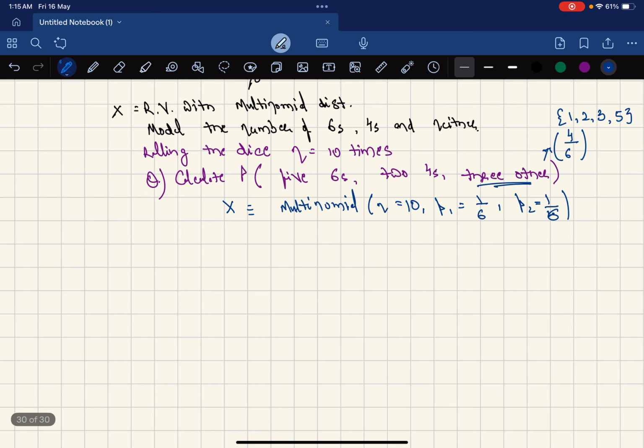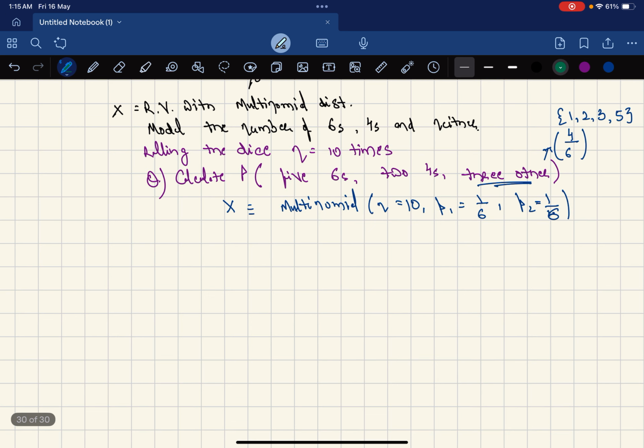Now to calculate the probability here, again we'll try to calculate it in word form first, so that things become clear how the probability mass function could be derived. So the probability of getting 5 6s, 2 4s and 3 others would be what?